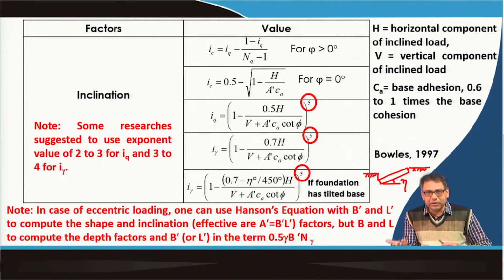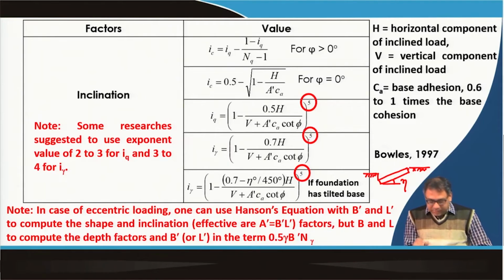In your design purpose, you can take any value in between the given range, or you can use the 5 also, but as these ranges are suggested, you can use this range. But in my example problems I will use 5, and if nothing is mentioned in the assignment problem or the exam question, you also have to use 5, but if any value is mentioned in the question, then you have to use that value.